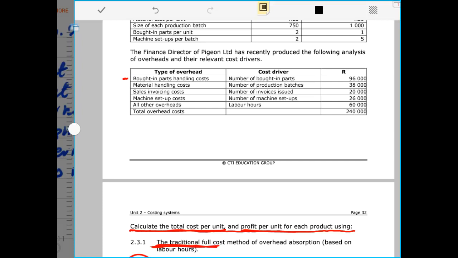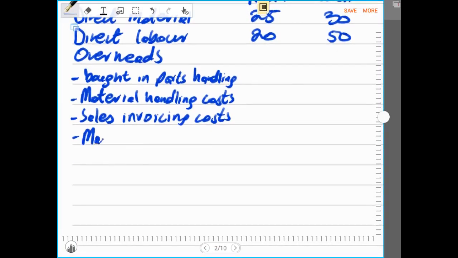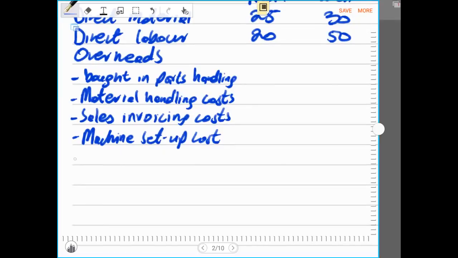And the next one is machine setup costs, which is the cost we incur to reset the machine or to set the machine. The last overhead is all other overheads, which is just other.